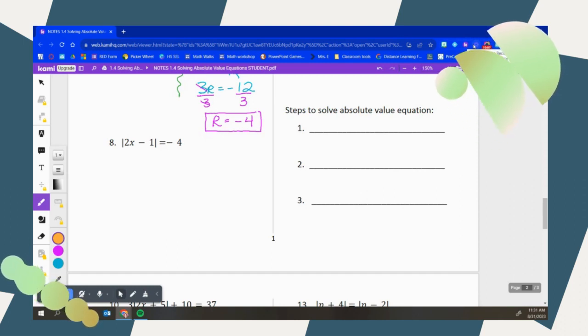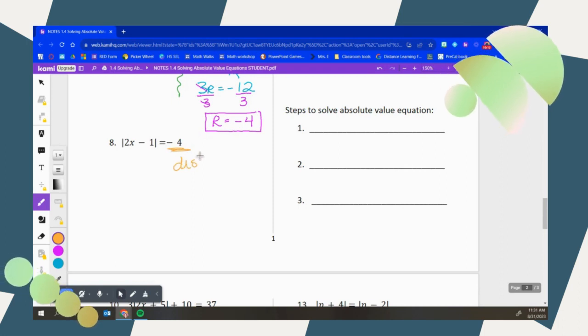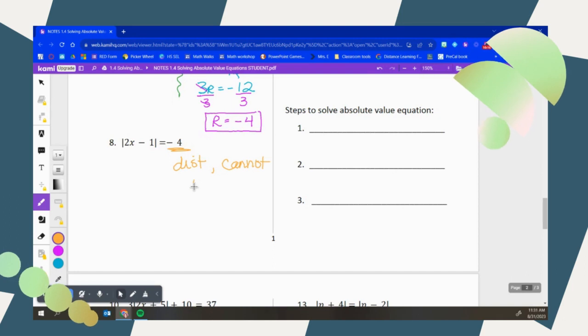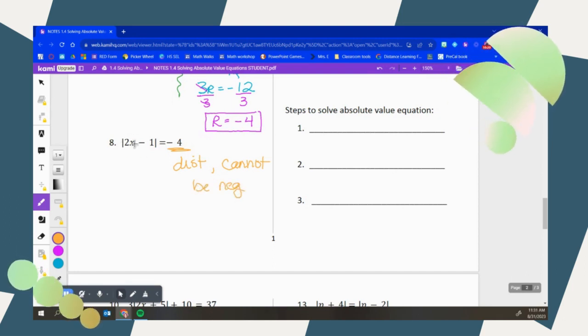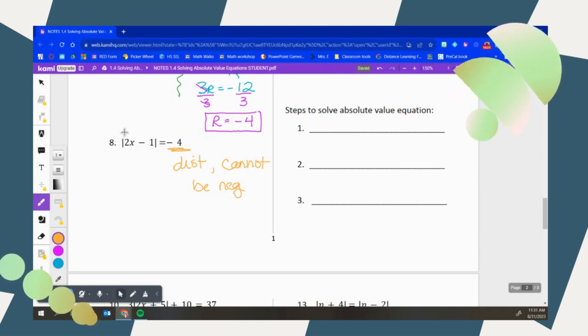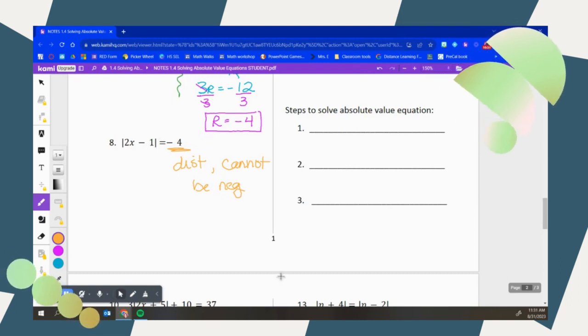So, this is actually a nice, easy problem. This is our distance. Cannot be negative, because regardless of what number I pick and I put in here, I process through the math, and when I do absolute value of that, remember absolute value is a distance. There's no way that I can get a distance of negative 4.